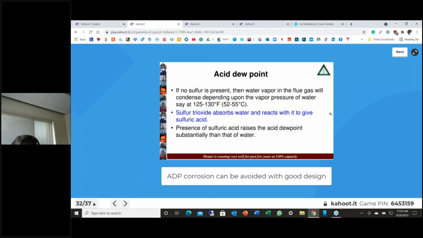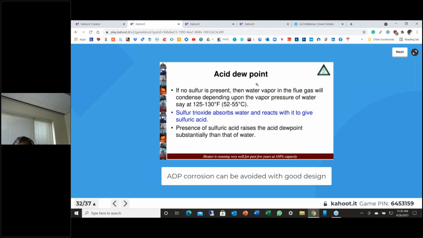Now this is where the sulfur comes into action. If we don't have any sulfur in the fuel, then the water vapor in the flue gas will condense depending on the vapor pressure of the water, which could be anywhere 125 to 130. So we can cool up to 130 without this.